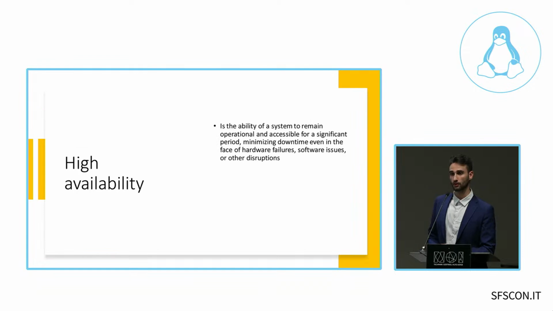Why is this important? Because if a device crashes, we can be sure that another device can take its place. And this capacity of a system is called high availability. It may happen that a device crashes, so it cannot run what it was running before it failed.